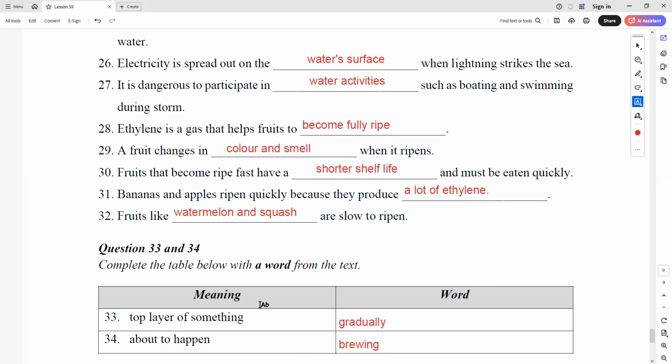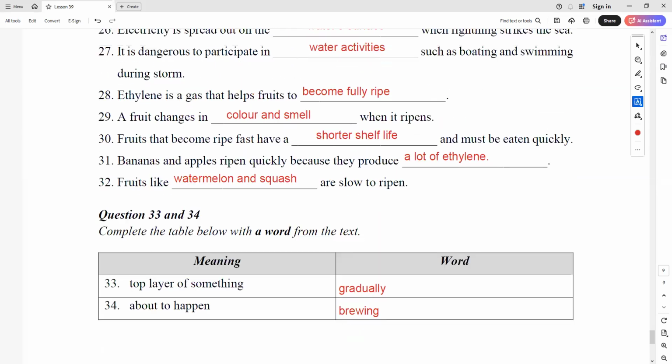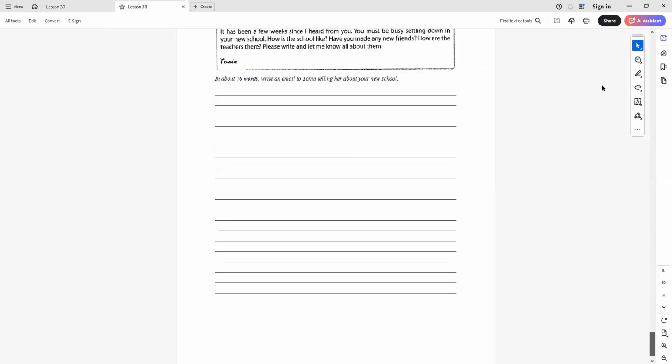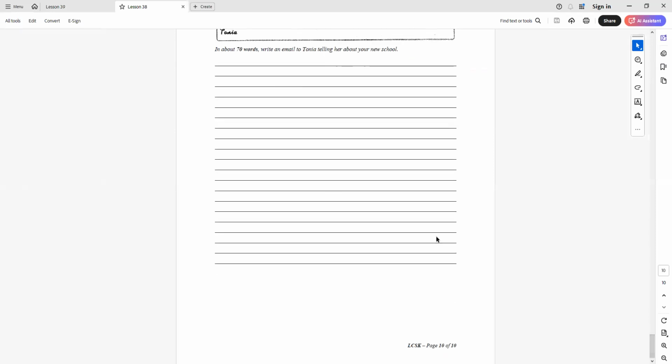Okay, basically we cover this part, okay? So now let's look at lesson 38, okay? Lesson 38. I believe the last part we haven't covered. Lesson 38, the last part.